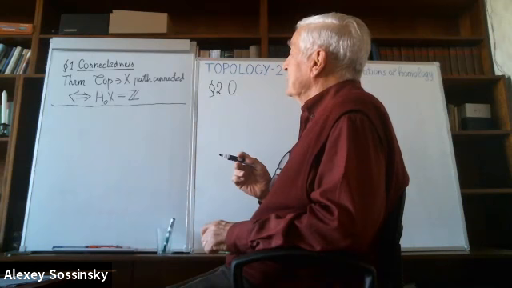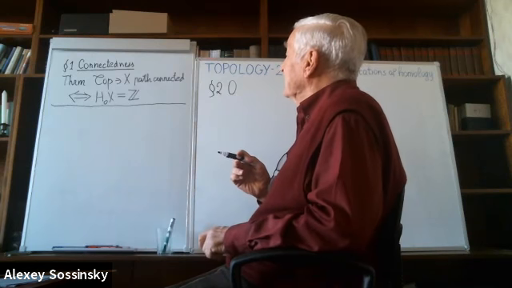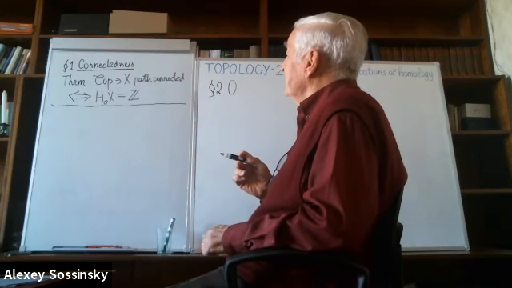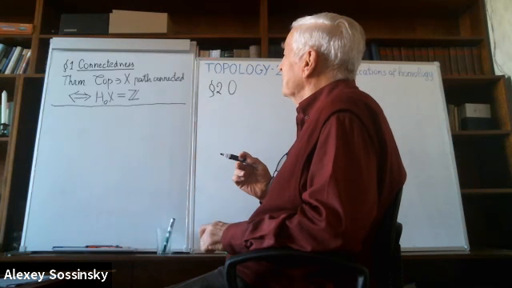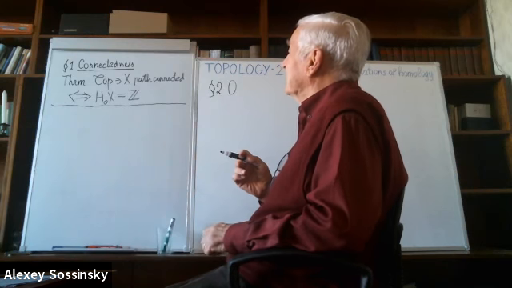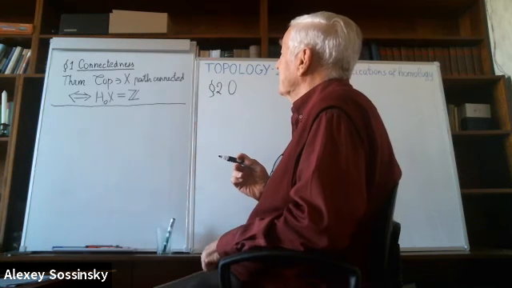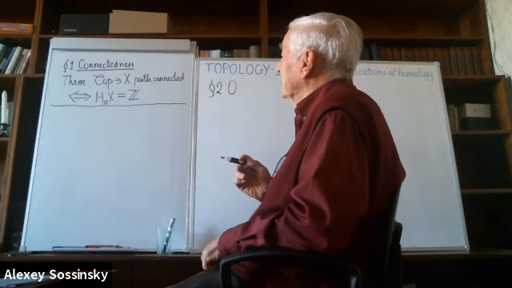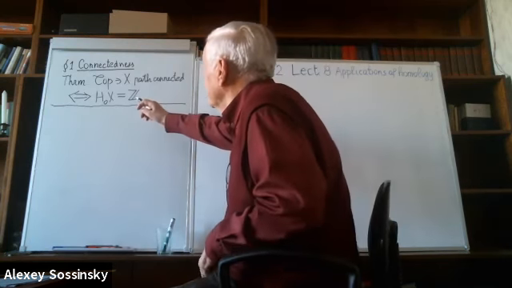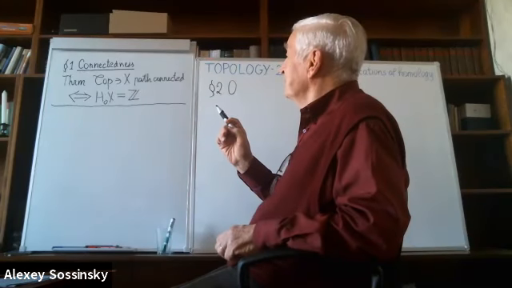Frankly, I don't know if it is a fact, it is probably a fact, that if a space is connected but not path connected, then you get as many copies of Z as path connected components.